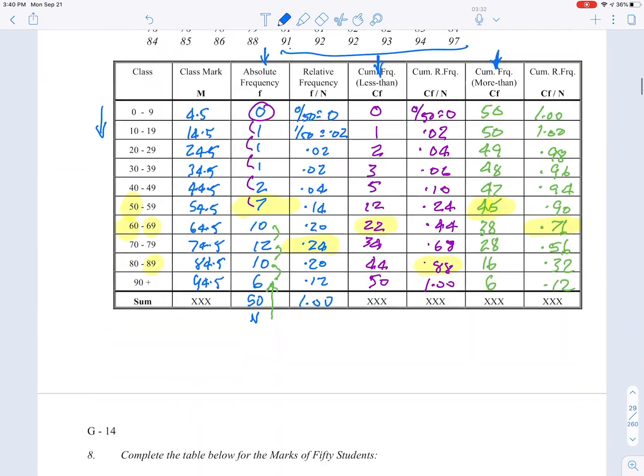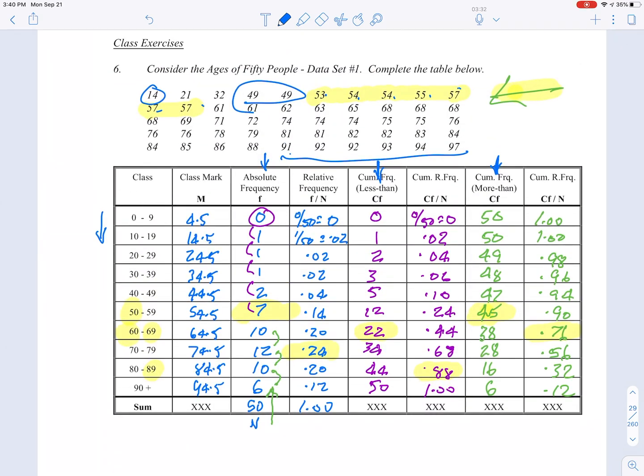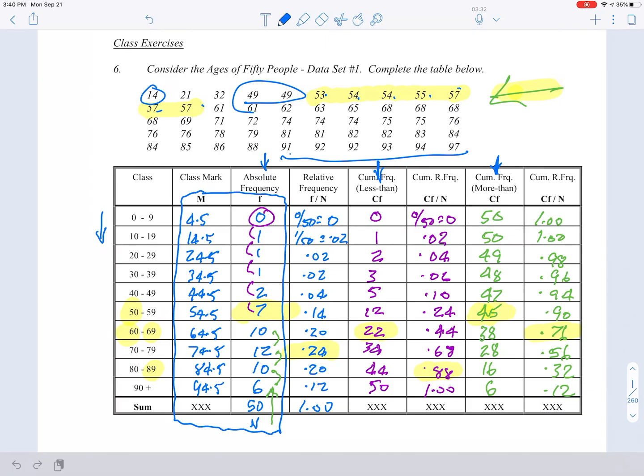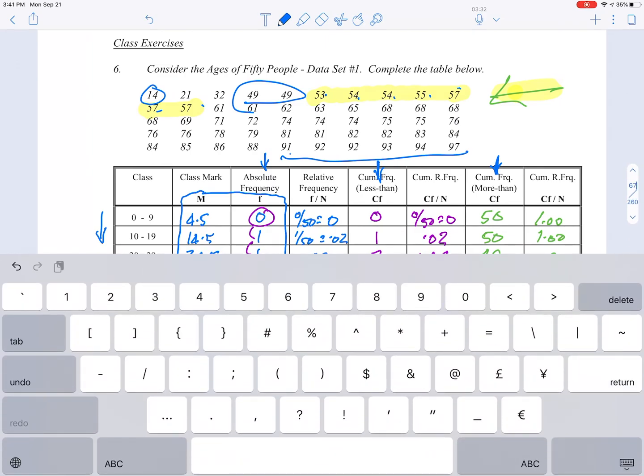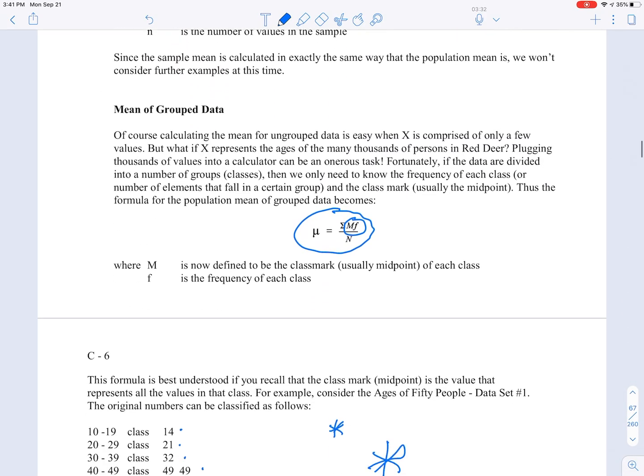So this is right in here. Good. So this is what we've basically done, we've created these two columns. So that's the first step in coming up with a grouped mean.